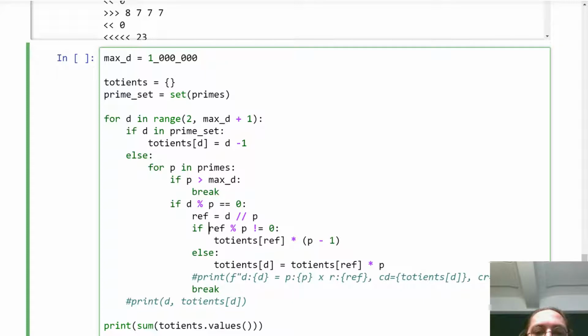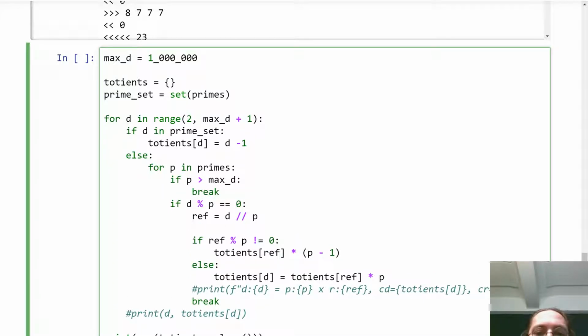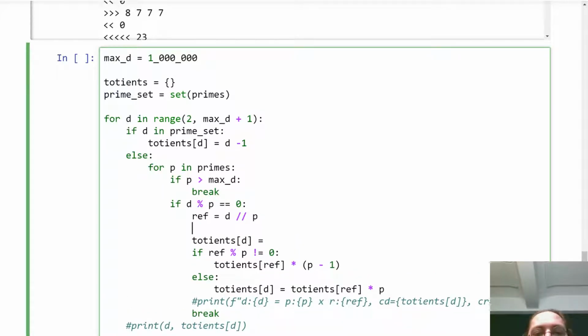Okay, so first of all, we want the totient ref, so tref. Yeah, but it doesn't make it more beautiful.